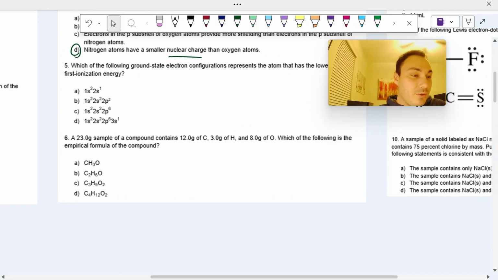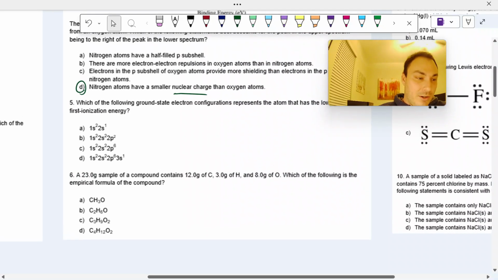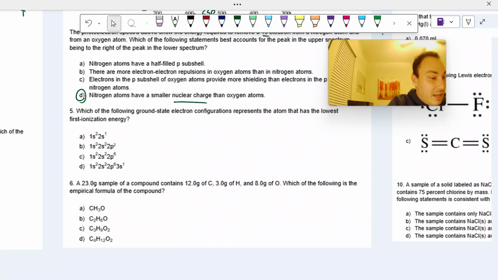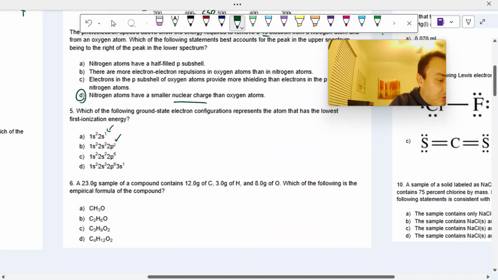All right, which of the following ground state electron configurations represents the atom that has the lowest first ionization energy? First ionization energy is the energy to remove the outermost electron. So we're looking at this electron, this electron, this electron, and this electron.